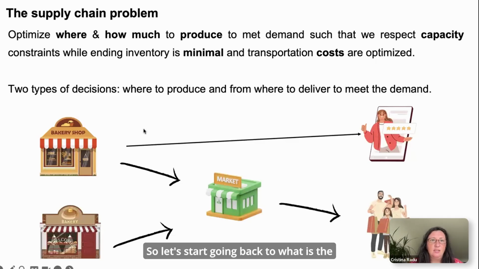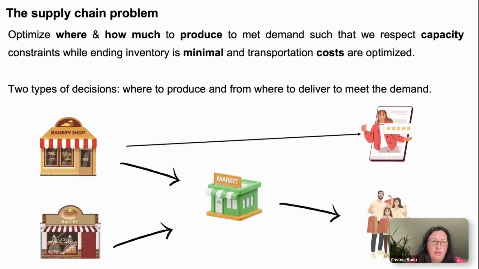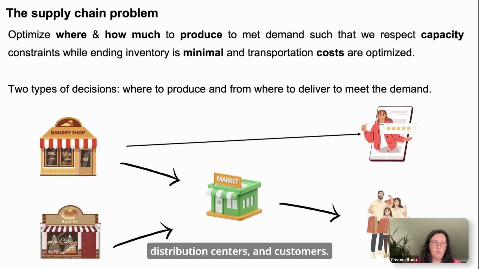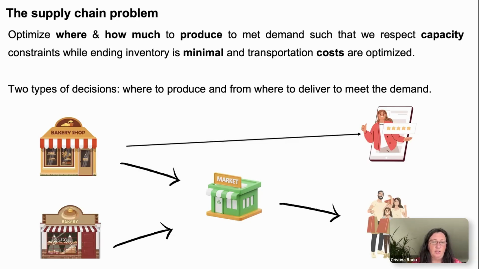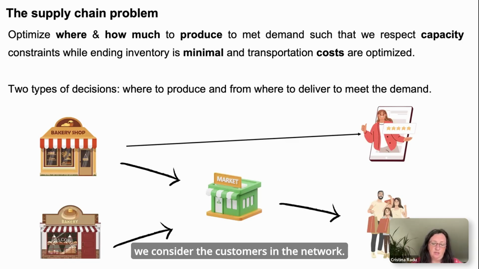So let's start going back to what is the supply chain problem? What problem are we trying to solve? So it's basically we have a network of factories, distribution centers, and customers. Customers are often outside the network of the company, but for example, when we do network optimization, we consider the customers in the network.